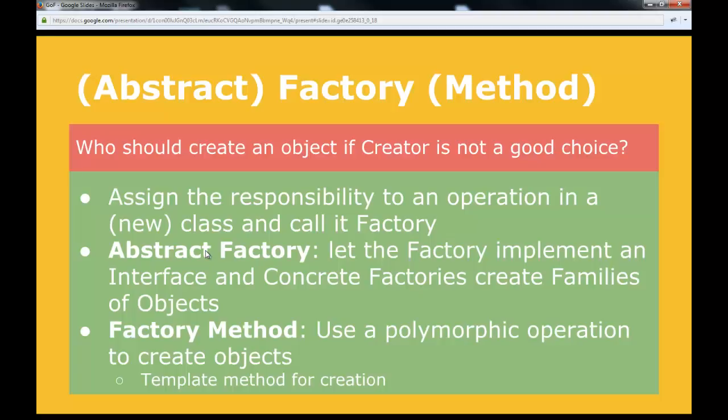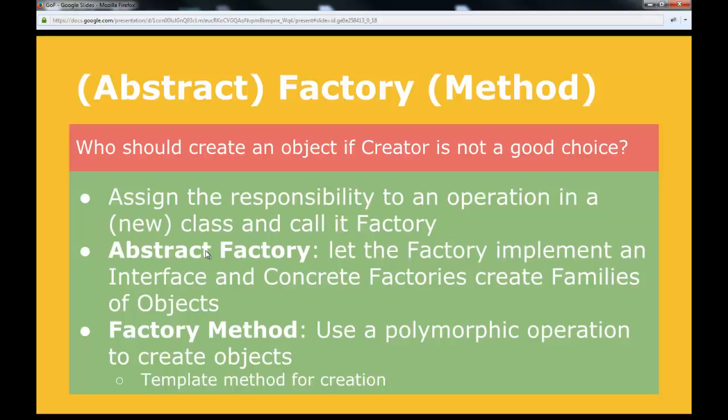And the idea is to remove the responsibility to create objects and add it to maybe a new class, and call this class a factory in some way. So instead of creating objects directly using new, we use some other object and ask it, could I get the X object?